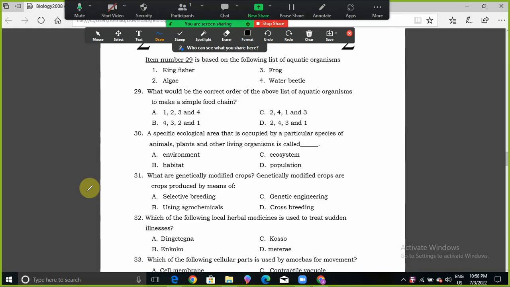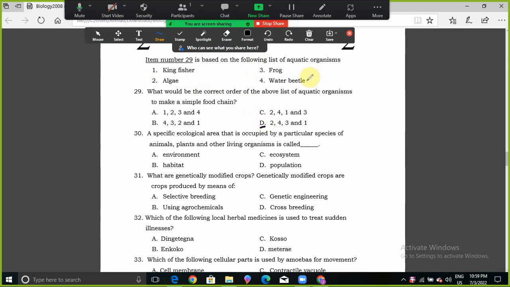So the correct answer is what? First of all, it will be algae, or it will be kingfisher, or it will be frog, or it will be a water petal. The answer is algae. It will be the first, then water petal, then frog, then at the last kingfisher. So that means the correct answer for question number 29 is D.